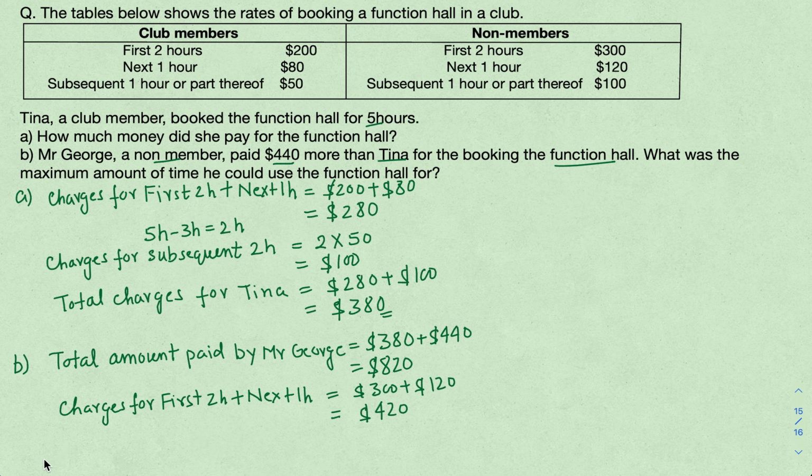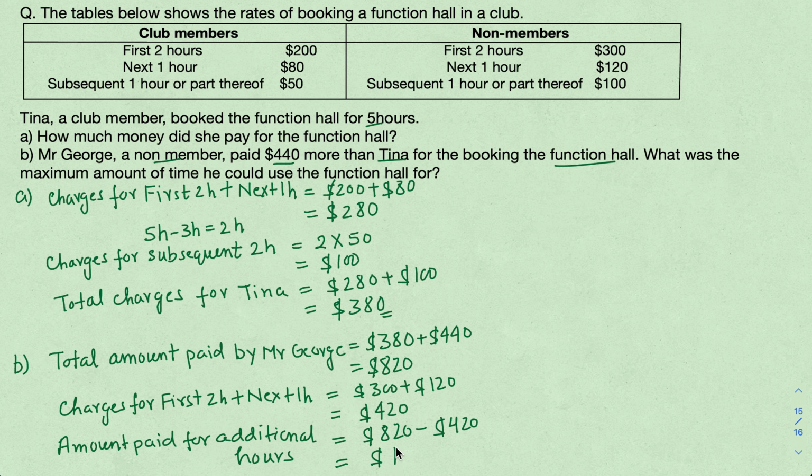So the amount paid for additional hours is $820 minus 420, which gives us $400.